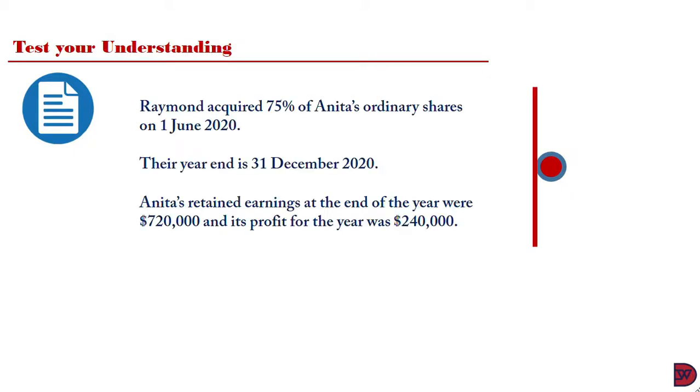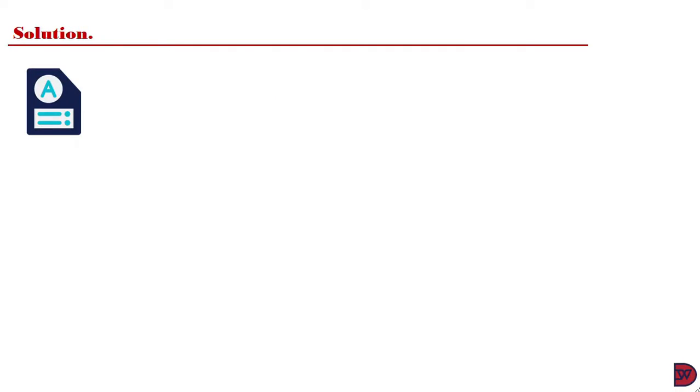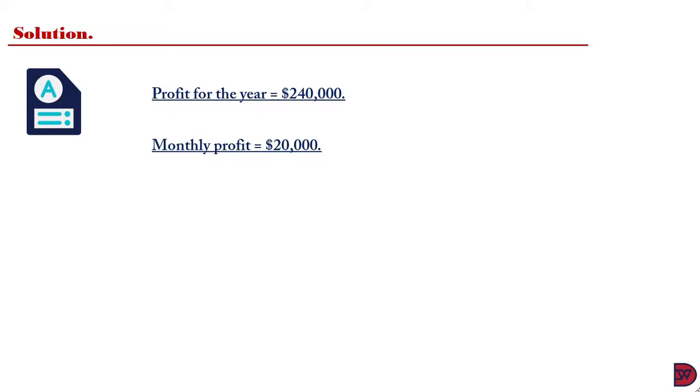Raymond acquired 75% of Anita's ordinary shares on 1st June 2020. Their year end is 31st December 2020. Anita's retained earnings at the end of the year were $720,000 and its profit for the year was $240,000. When we come to the solution, the profit for the year, as stated in the question, is $240,000. So the monthly profit will be $20,000 because we are supposed to assume that the $240,000 accrued evenly throughout the year.